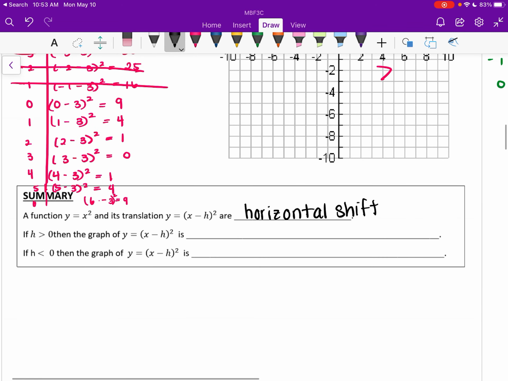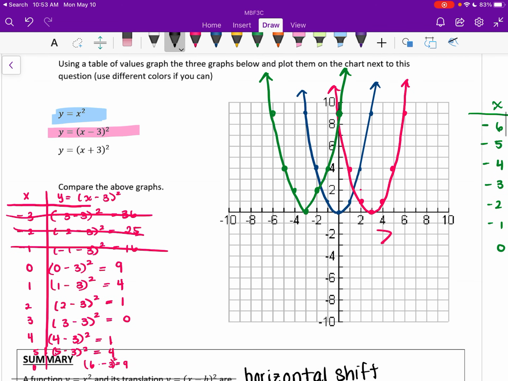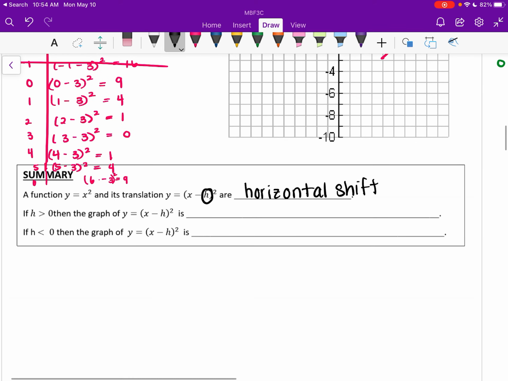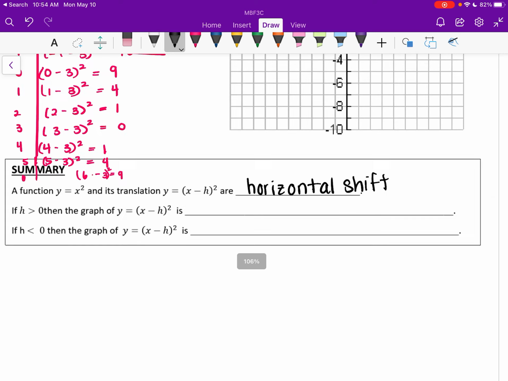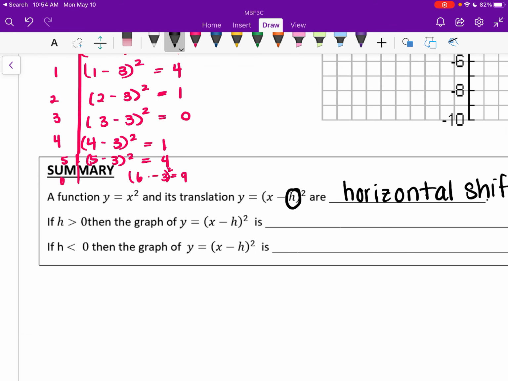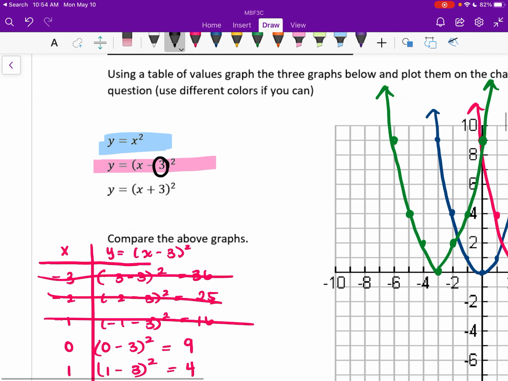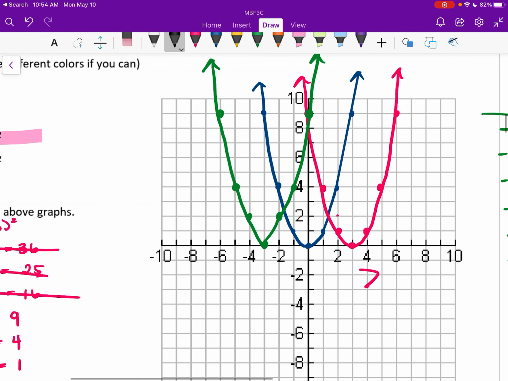So when h, right, so that's the number in here, when that h is greater than 0, it's going to shift the opposite way. So when it was plus 3, you notice we actually moved to the left.